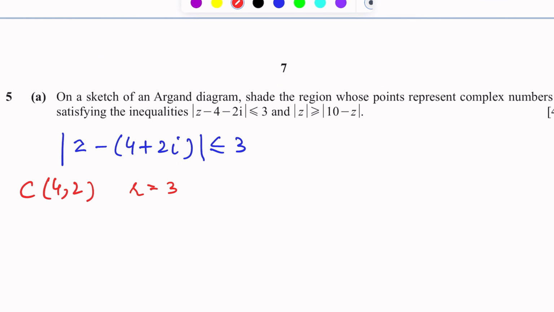The other inequality is modulus of z is greater than or equal to modulus of 10 minus z.